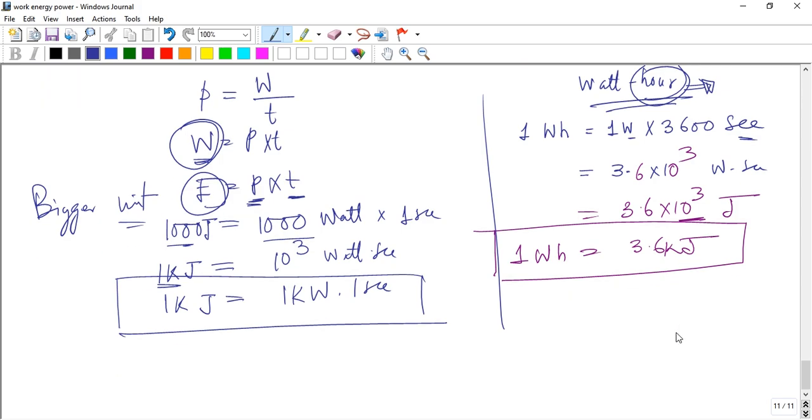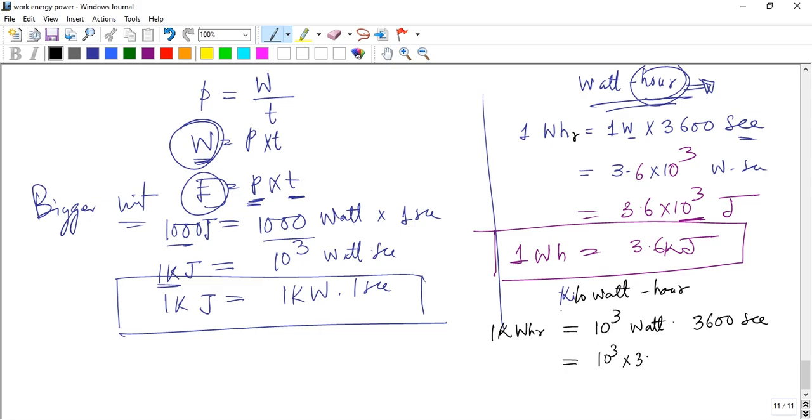Now another important one is kilowatt hour. What is kilowatt hour? Kilo means 10 to the power 3 watt, hour converts to 3600 seconds. So here we convert 10 to the power 3 into 3.6.